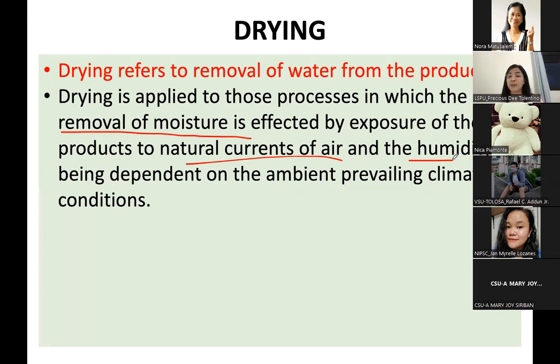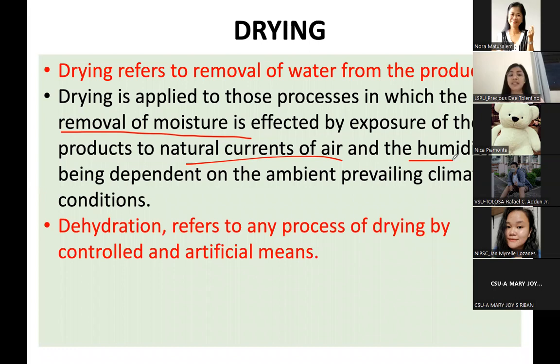For example, iba yung climatic condition here in the Philippines, and iba din doon, for example, sa US or Europe or sa mga matataas na lugar. So, depende. However, basically, when we say drying, you are just removing water from the product.